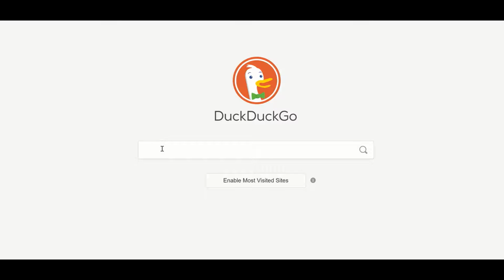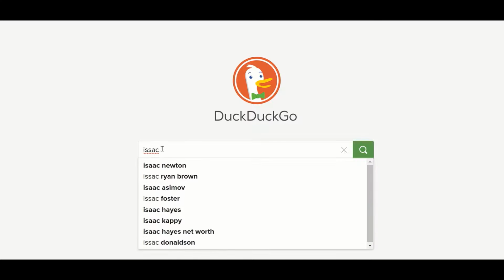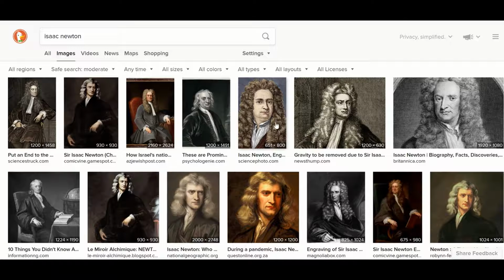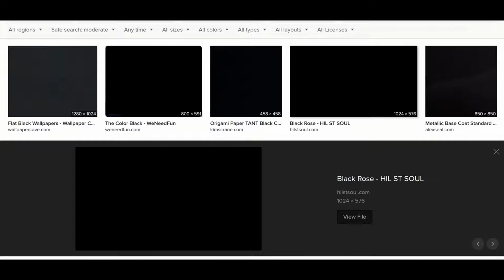So Isaac Newton is a famous guy, and he came up with these things called laws of motion. Newton's third law of motion is that any force has an equal force in the opposite direction.